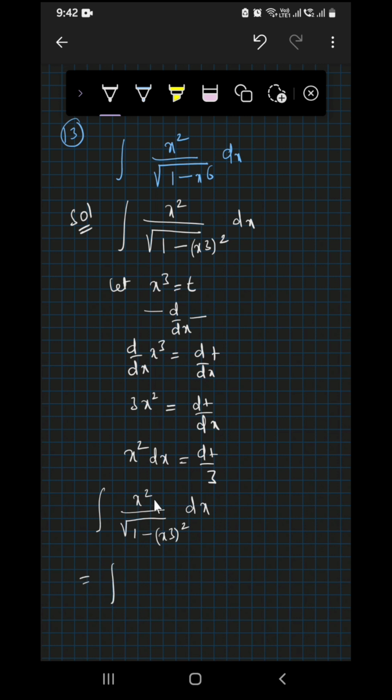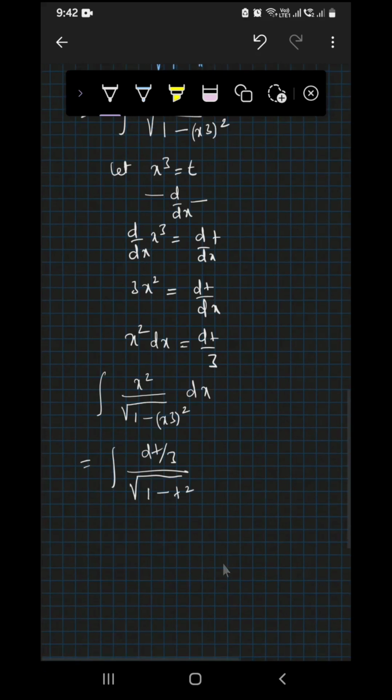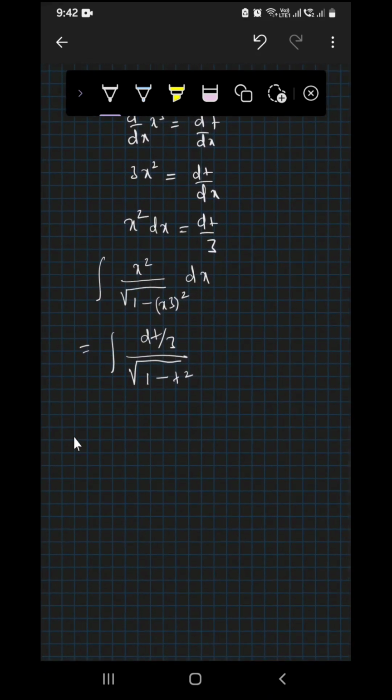Take integration of x square dx is equal to dt by 3, by the root of 1 minus t square. So now take the 1 by 3 outside, we get 1 by 3 integration of 1 by the root of 1 minus t square into dt.